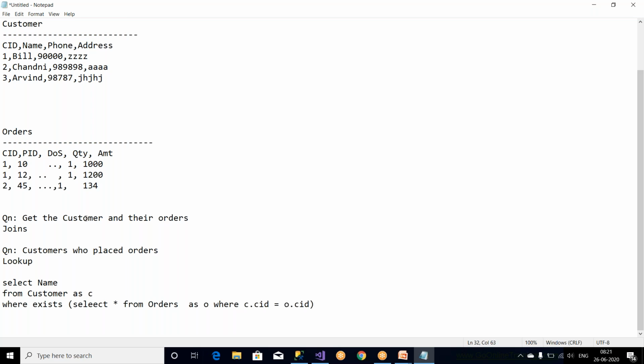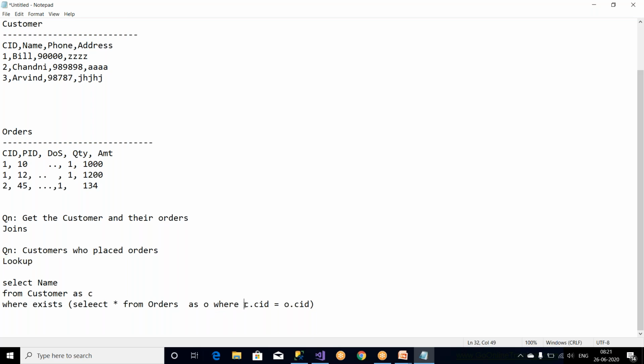So I'm going to be verifying whether this number exists or not. So this EXISTS function in SQL is equivalent to lookup in SSIS. Clear? So this is how you should take it.